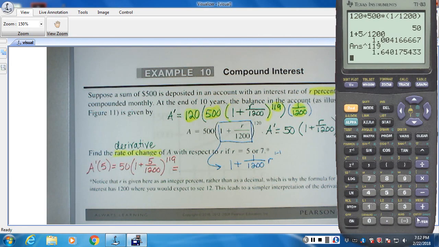And I get 1.60, so forth. And now I need to multiply that answer times 50. And that comes out to be about $82 and a penny.